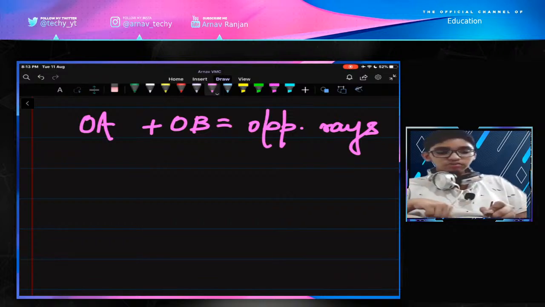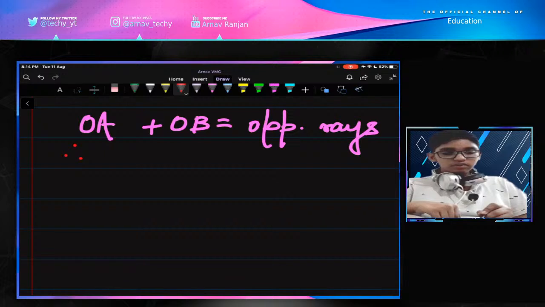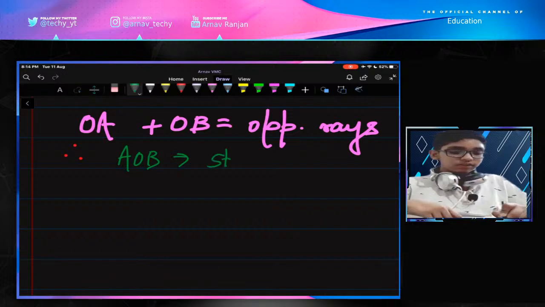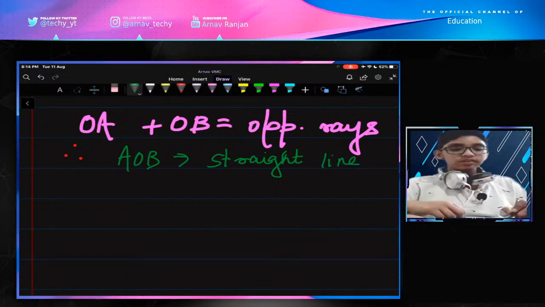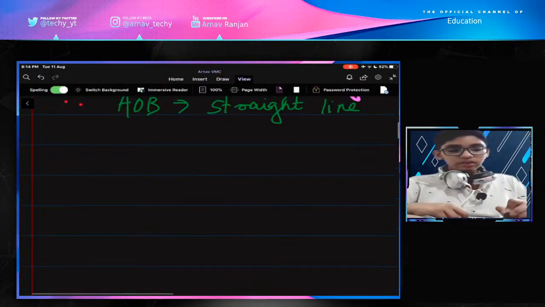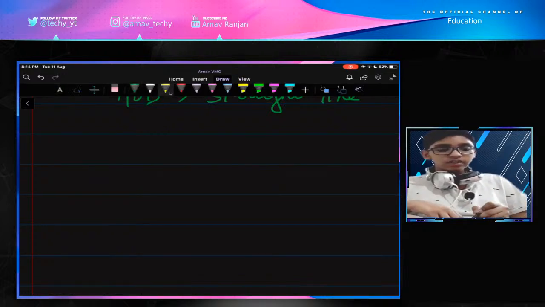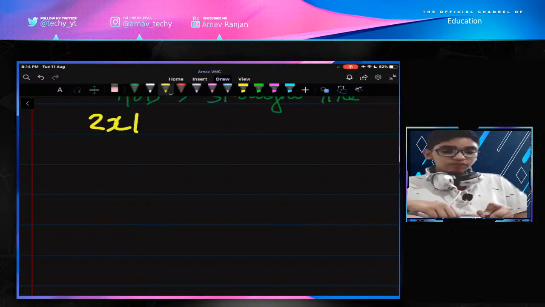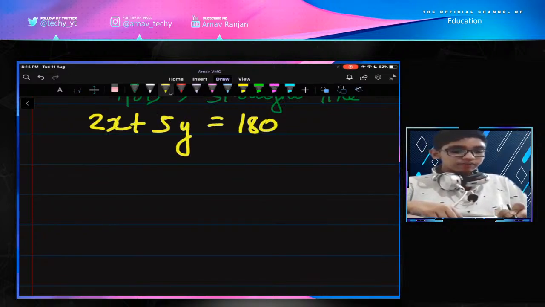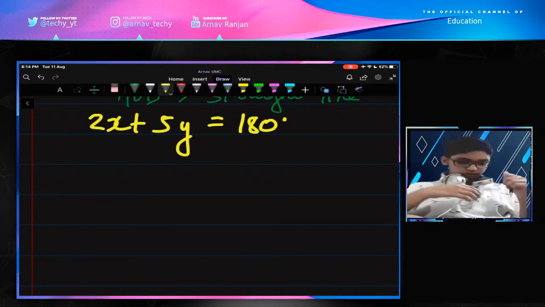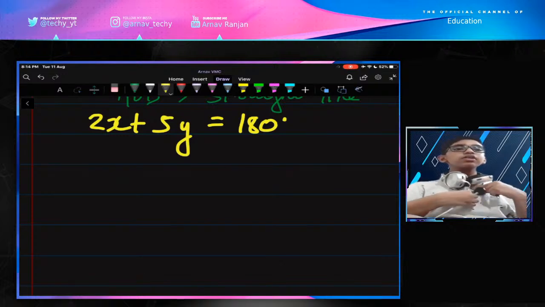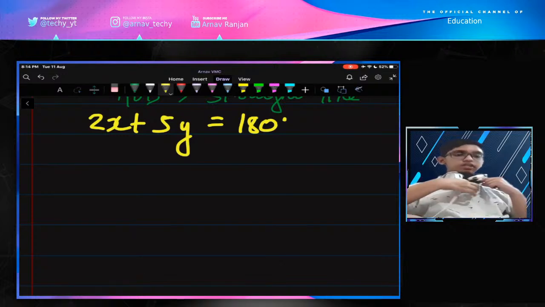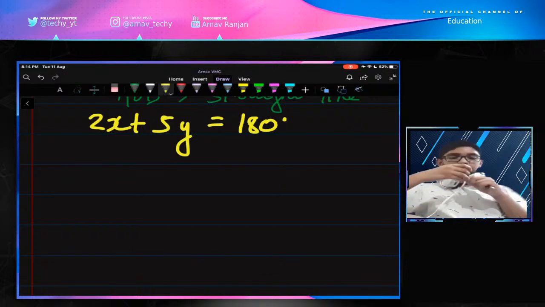Therefore AOB is a straight line, and we write 2x plus 5y is equal to 180 degrees. This is a linear pair, or the linear angles axiom, whatever you want to call it. Both of them are the same.